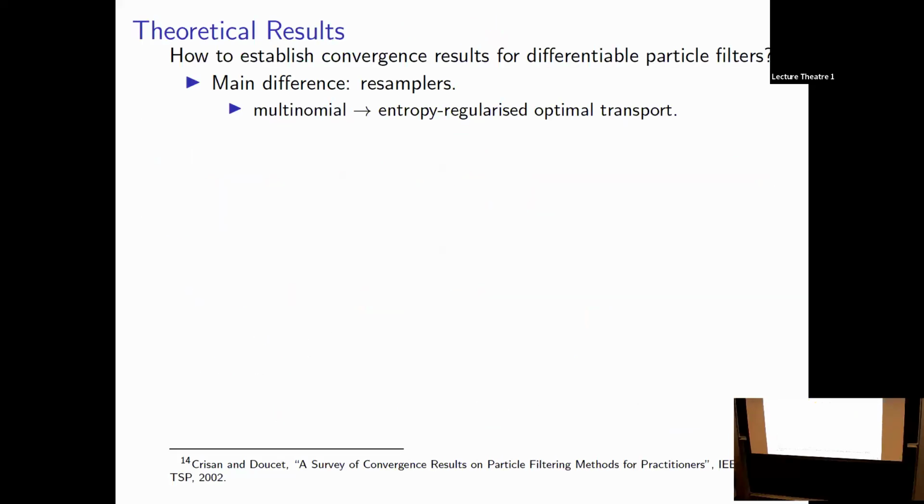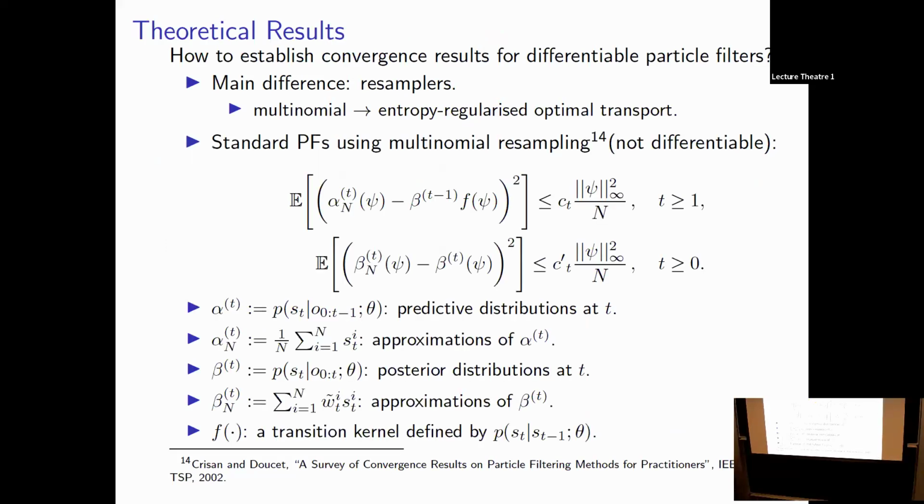In terms of theoretical results, for standard particle filtering, we know the mean square error. There is quite some notation here. So basically, alpha t is just a predictive distribution, and alpha nt is essentially the approximation of the predicted distribution.